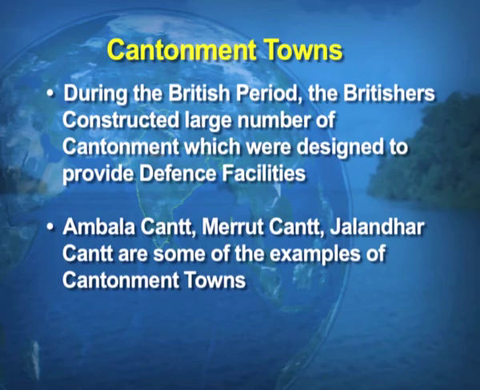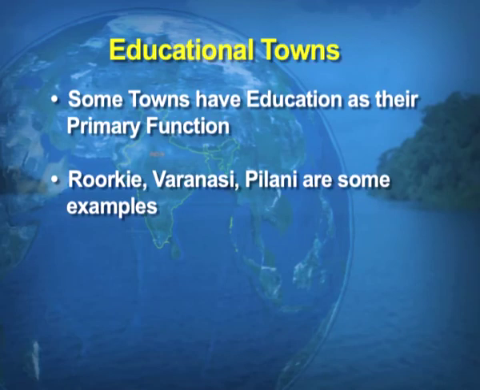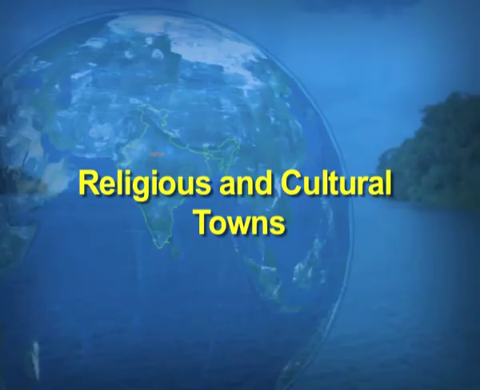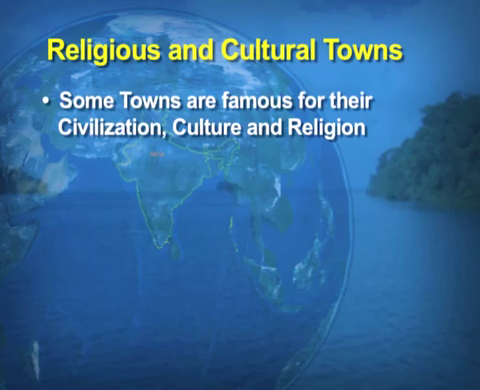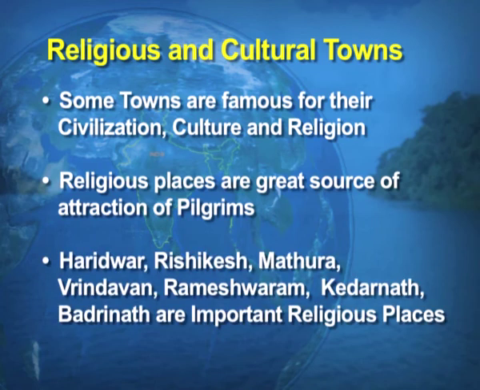Cantonment towns, the towns which are basically known for defense facilities, for example, Meerut Cantt, Ambala Cantt. Educational towns, the towns which provide educational facilities to the students, for example, Varanasi, Roorkee, etc. Religious and cultural towns, the towns which are famous for their civilization, culture and religion, and they attract tourists, for example, Haridwar, Rishikesh.